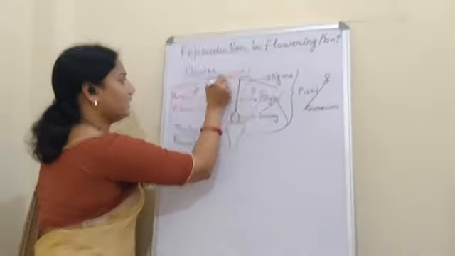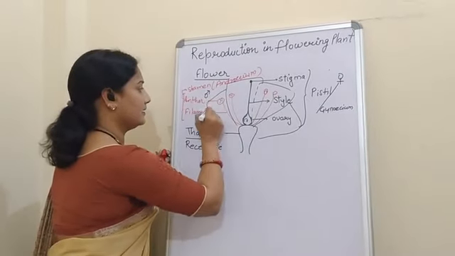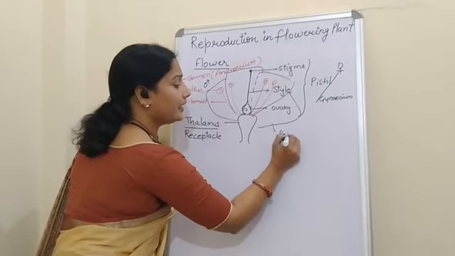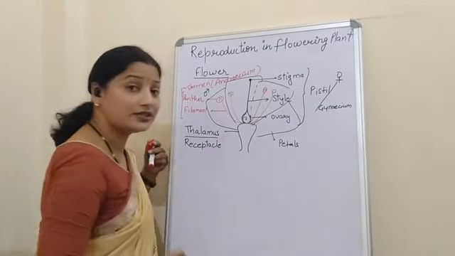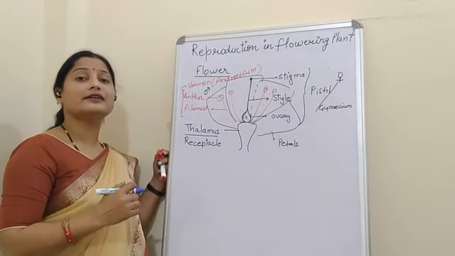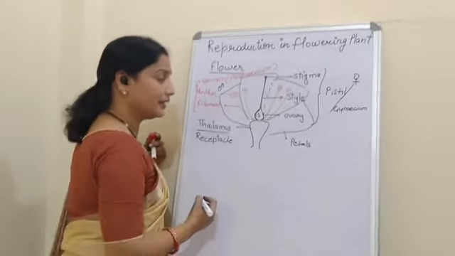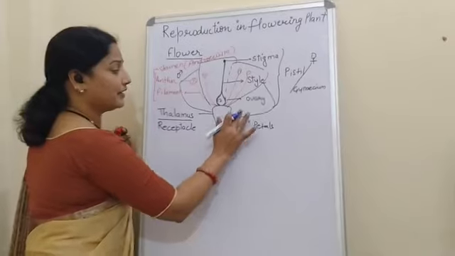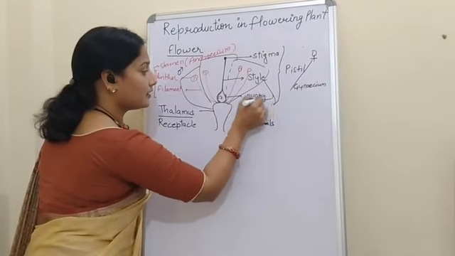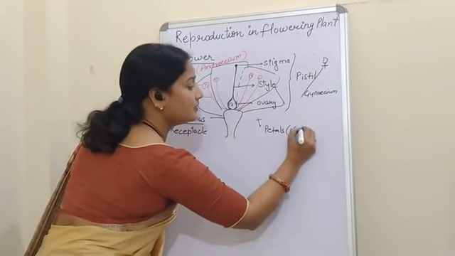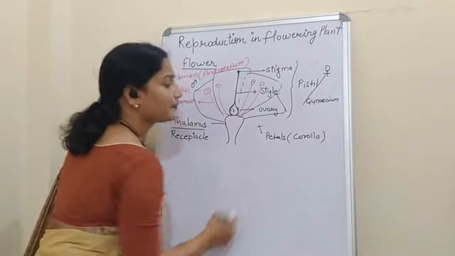I am drawing petals like this. These are brightly colored structures to attract the insects for pollination, called the petals, and the group of petals is called the corolla.